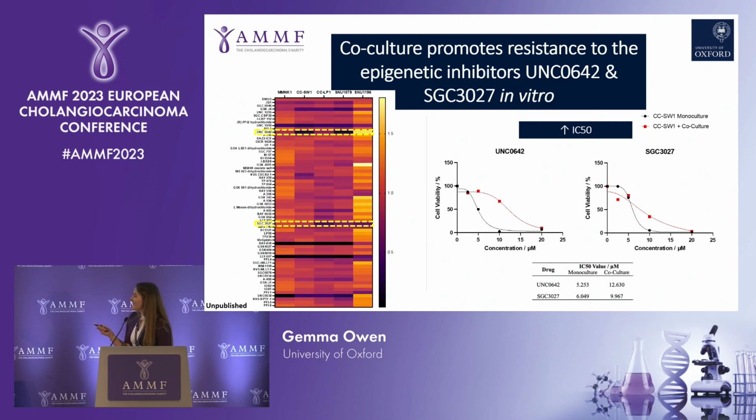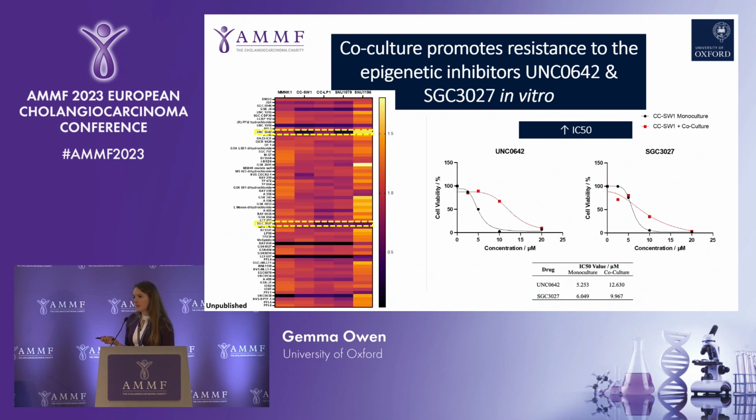As we've heard from today, these are IC50 curves, so we look at how good the drug is at killing our cells. We first did that in our cholangiocarcinoma cell line, so how much could our drugs kill our cancer cells? For UNC642, it was about 5 micromolar, and for STC3027, it was about 6 micromolar.